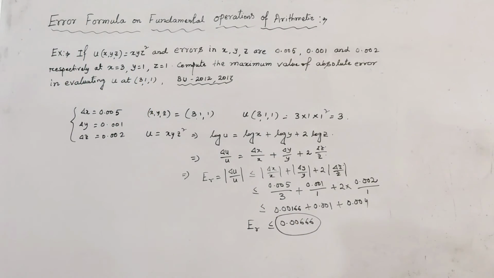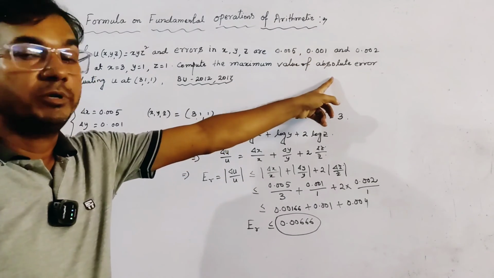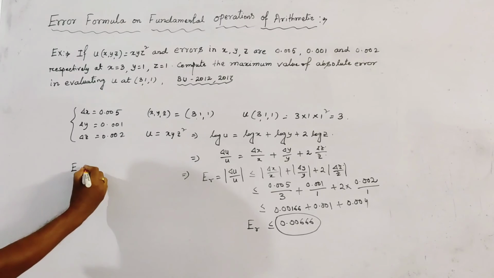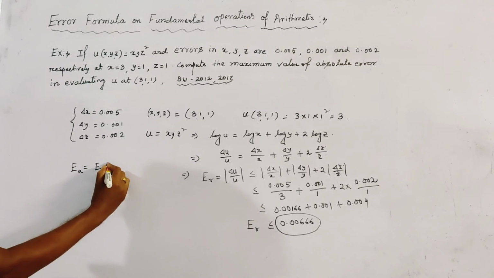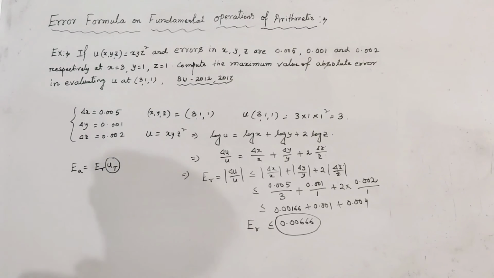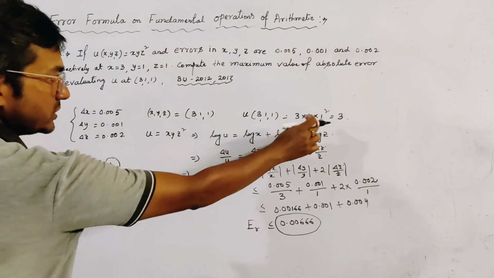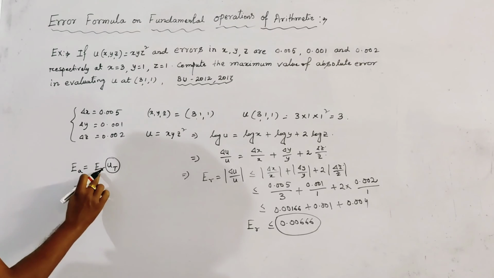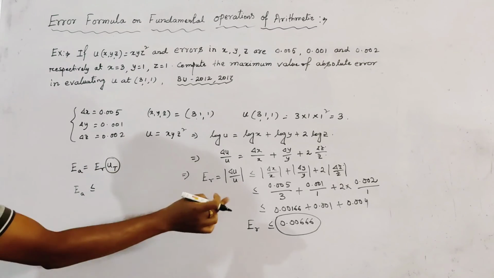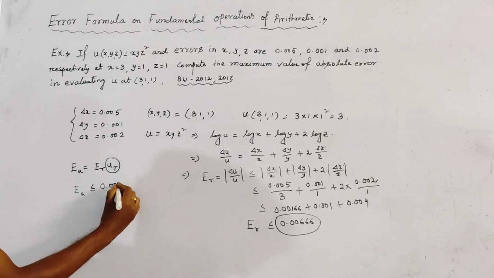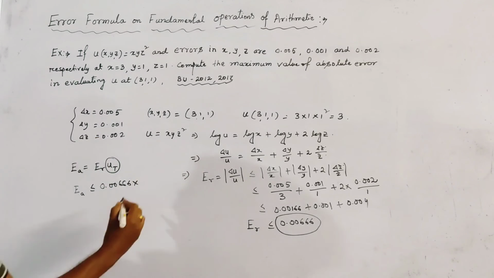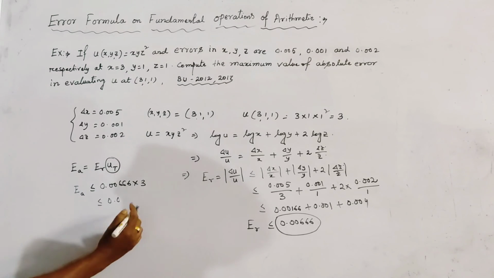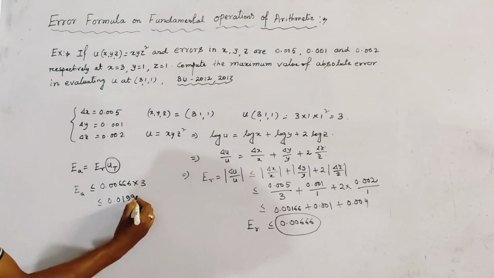But here we have to find the maximum value of absolute error, not relative error. So using the formula relating absolute error and relative error with the true value of u, which we already found to be 3, we put in the maximum relative error: 0.00666 into 3, which is 0.01998.